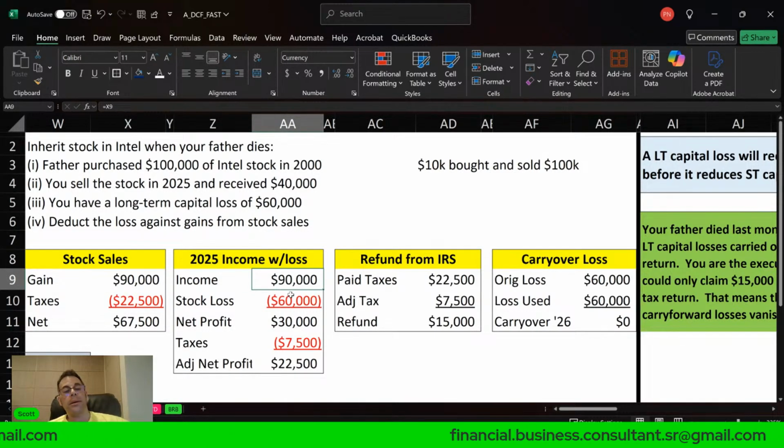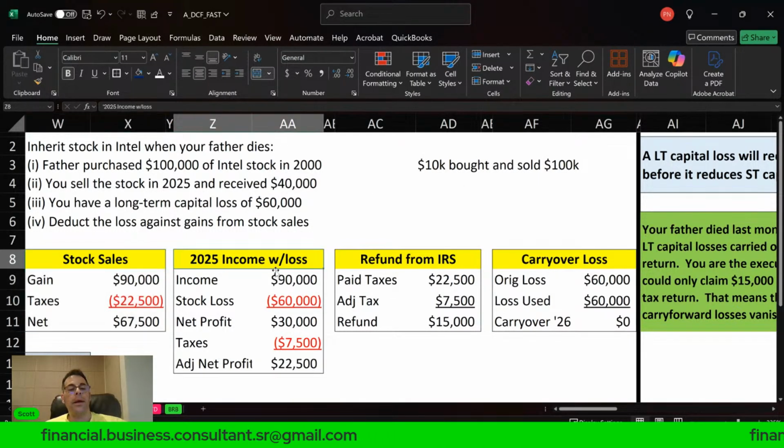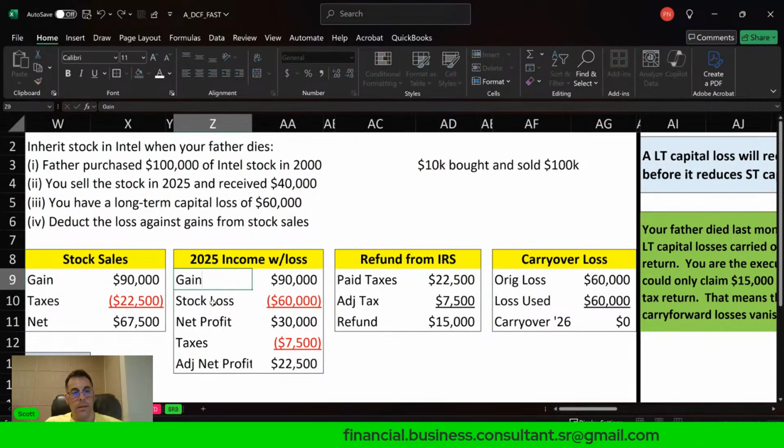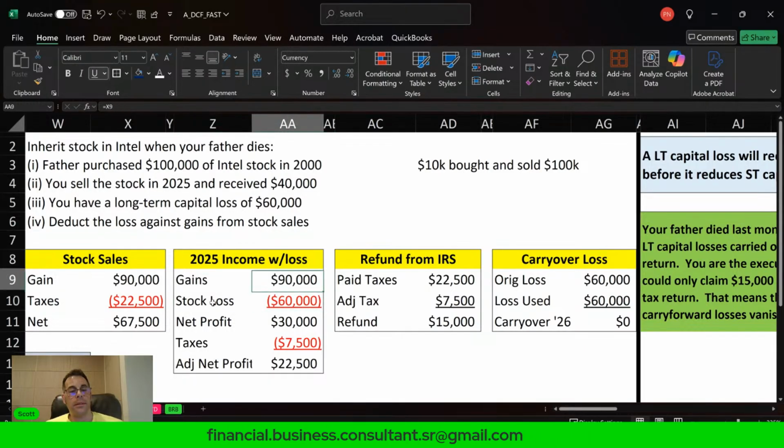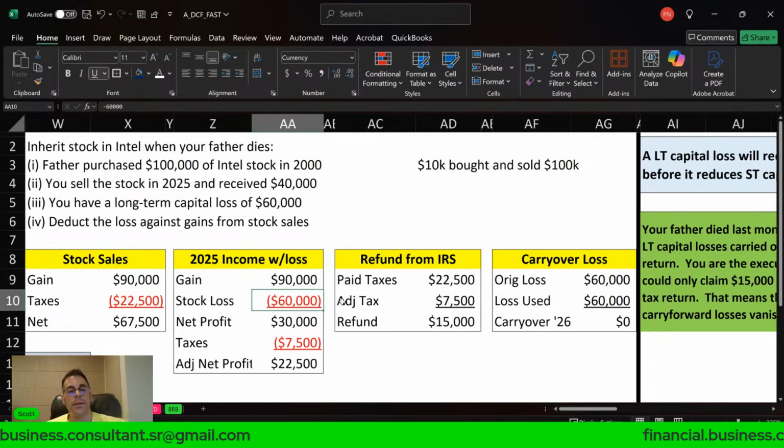But now that's if you didn't have this write-off from Intel. Now when your accountant takes into account the write-off, he says, okay, you had a gain of $90,000, and then you have this deduction of $60,000.